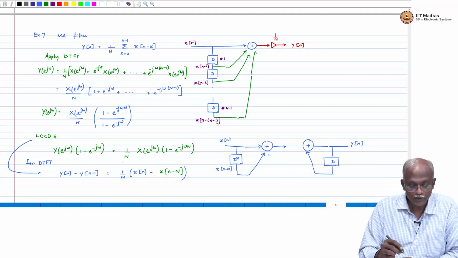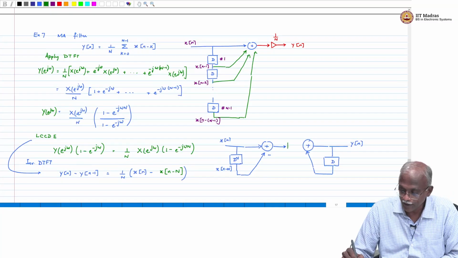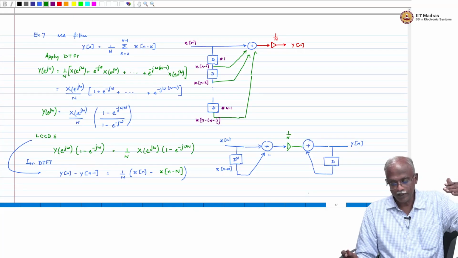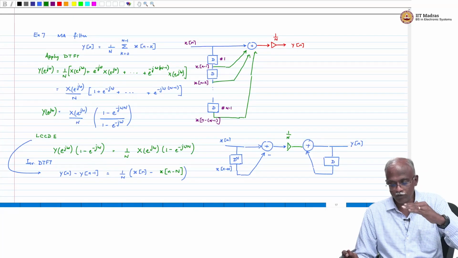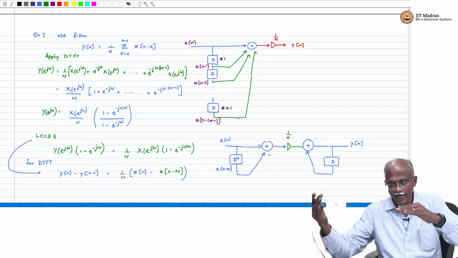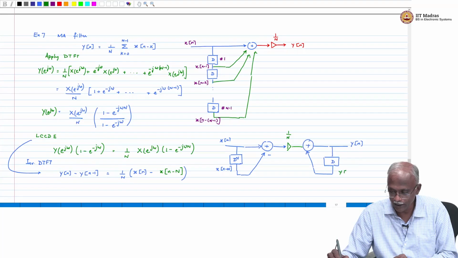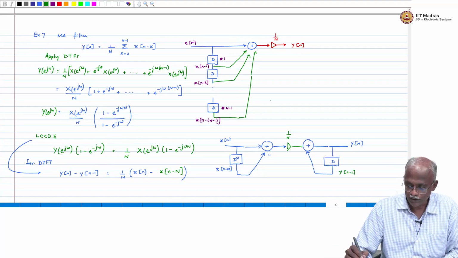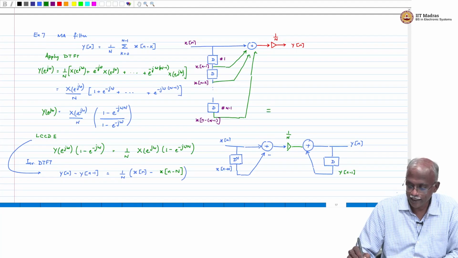The only thing that we have to still take care of is a scale factor, do not forget that. So, there is a scale factor which comes in this path. So, x of n minus x of n minus N, scale factor of 1 over N, to that you add y of n minus 1, that is equal to y of n. These two structures are identical.